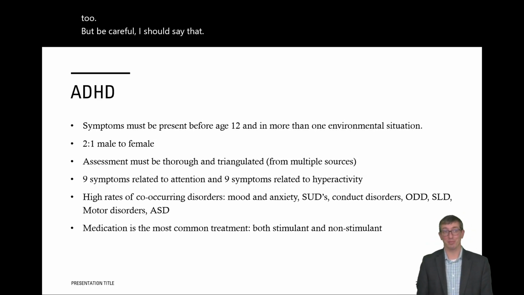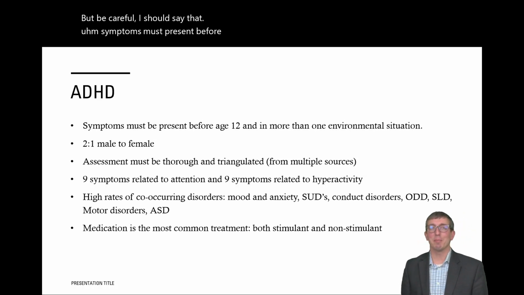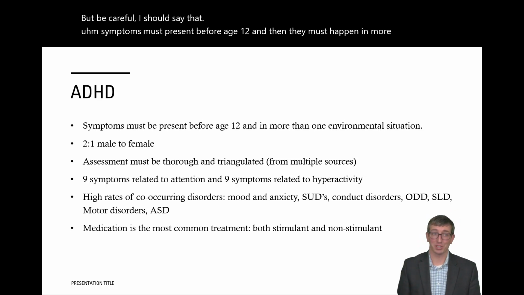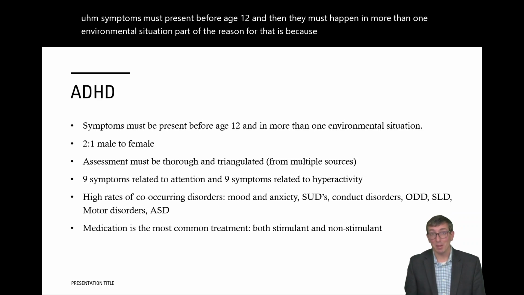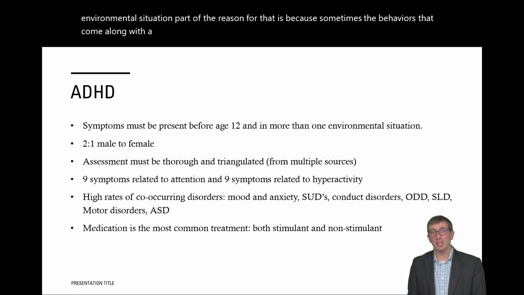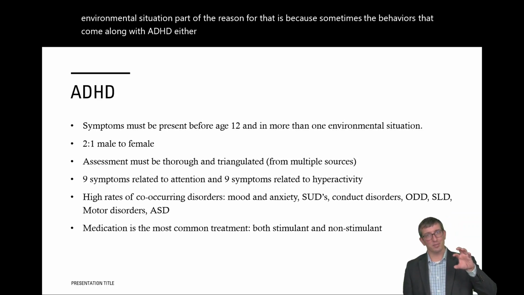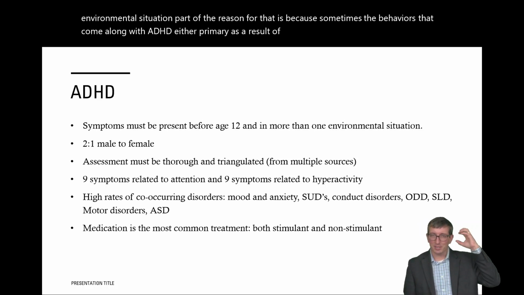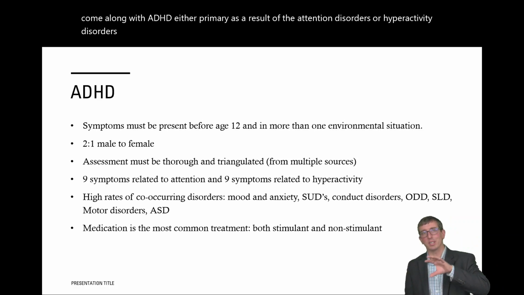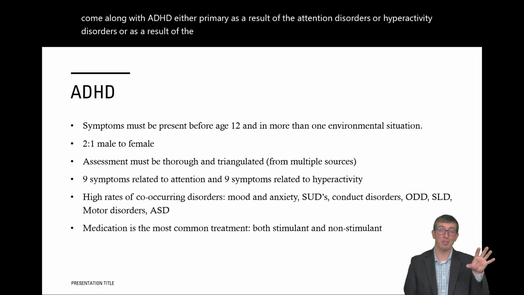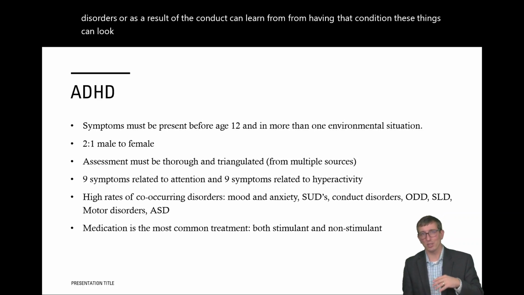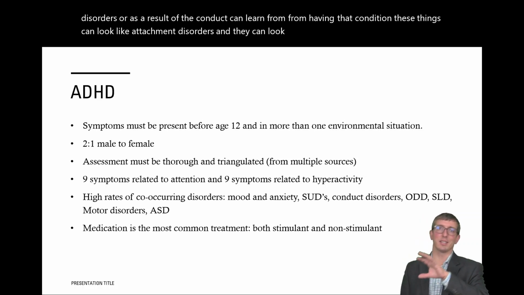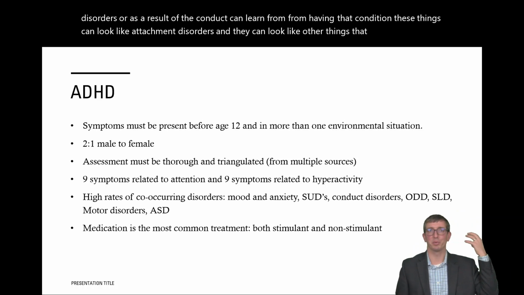Symptoms must present before age 12, and they must happen in more than one environmental situation. Part of the reason is that sometimes the behaviors that come along with ADHD, either as a result of the attention or hyperactivity disorders, or as a result of conduct learned from having that condition, can look like attachment disorders and other things that aren't biologically rooted in brain functioning.